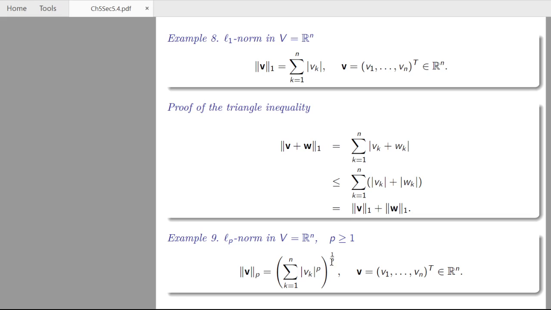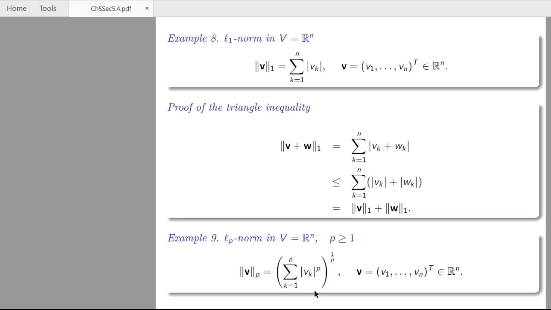If p is 1, then this is the same as example 8. Another special case is p equals 2. When p is 2, we have the absolute value of vk squared, which is the same as vk squared, and then to the outside we have 1 over 2. In that way, this is actually the norm for the scalar product space Rn.